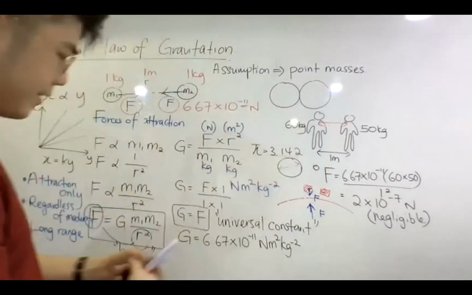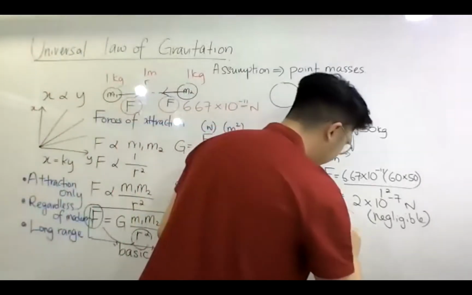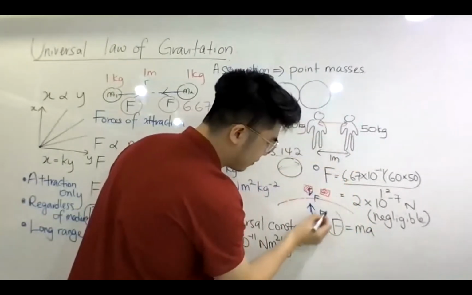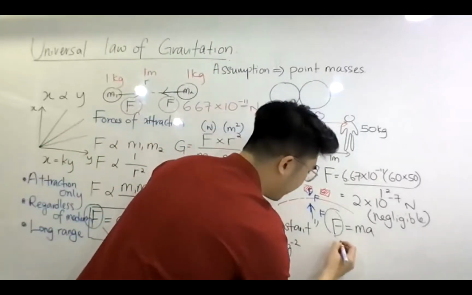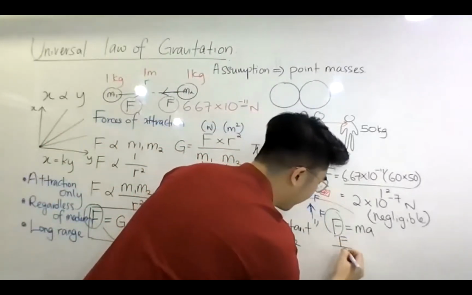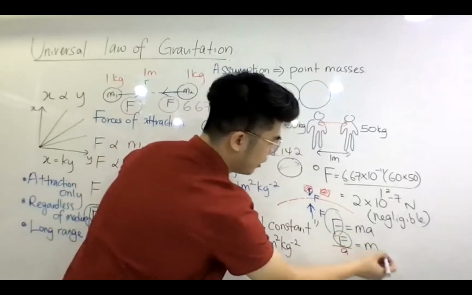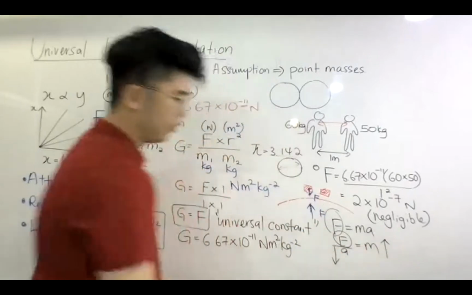This is because of the mass. You have learned F equals to ma. F equals to ma. For the same force, 这个是 constant, 我把 a 搬过来, F over a equals to m. 如果这个是 constant, mass up, acceleration down, acceleration very small.